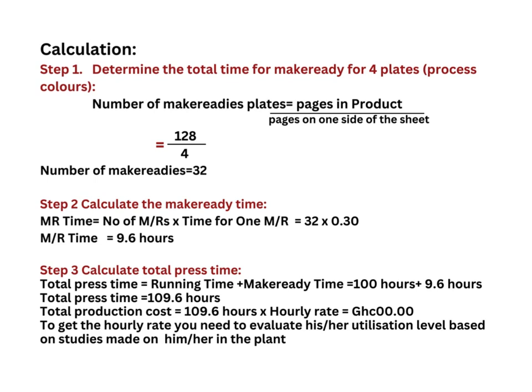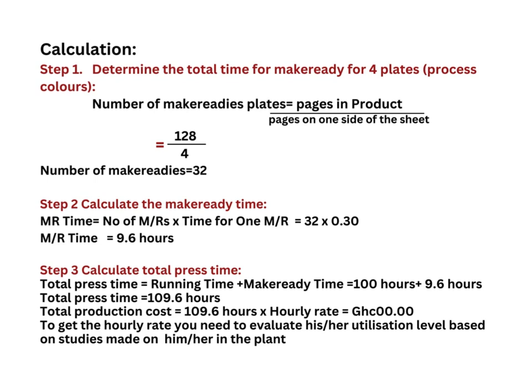So the total press time will be 109.6 hours. Now let's look at the total production cost. It's 109.6 hours times the hourly rate. The hourly rate is not shown because it is not just something that you conjure in your mind.